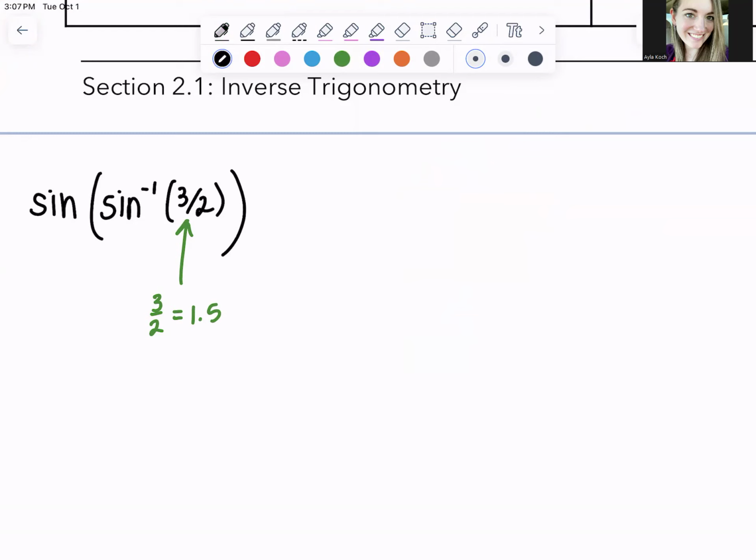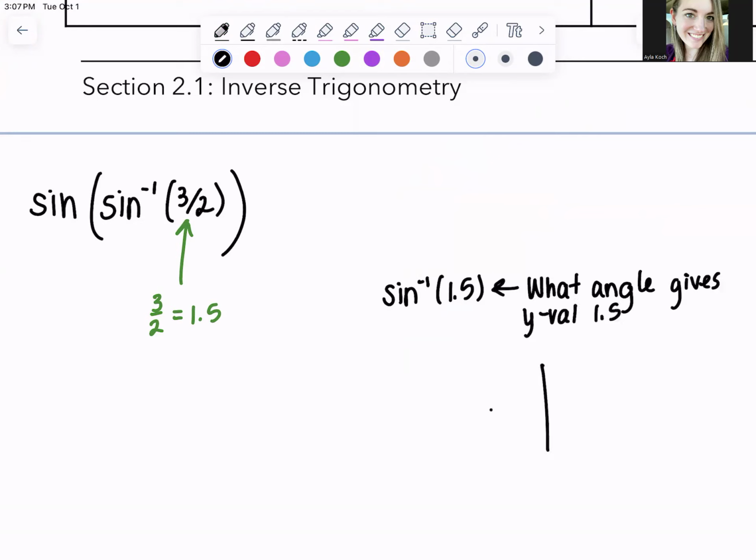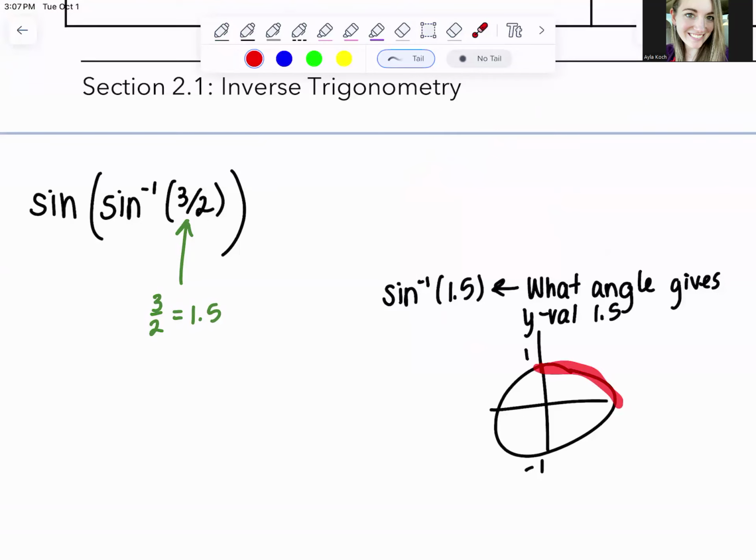So on the inside we're saying sine inverse of 1.5. This is saying what angle gives a y value of 1.5? Here's 1, here's negative 1. We're not at 1.5. You can't get a y value of 1.5 on here. This is not in the domain of the function. So the inside is undefined, and it makes the whole thing undefined.